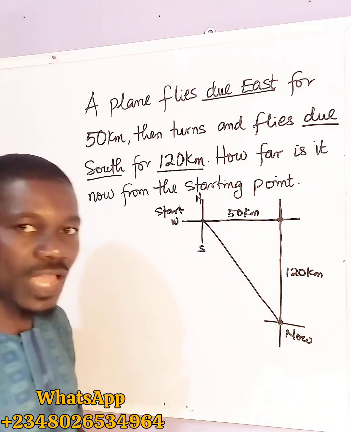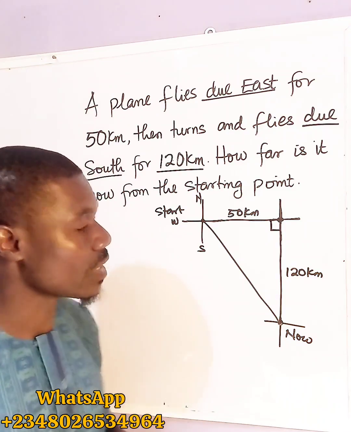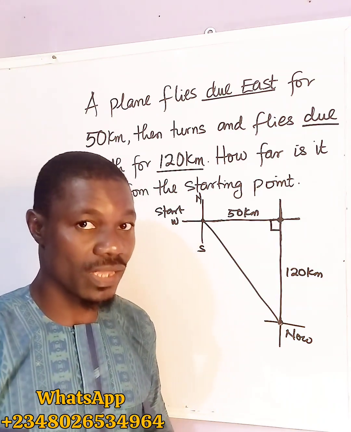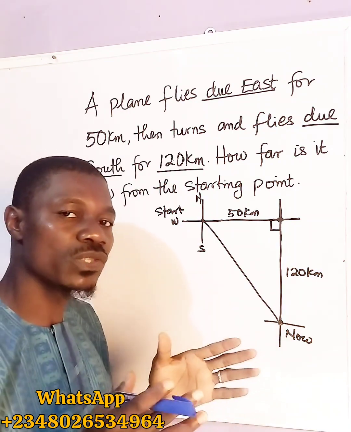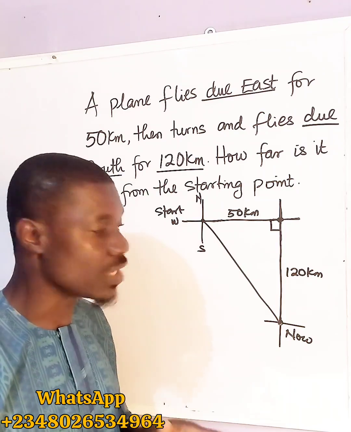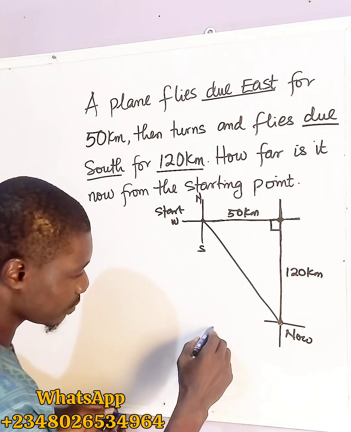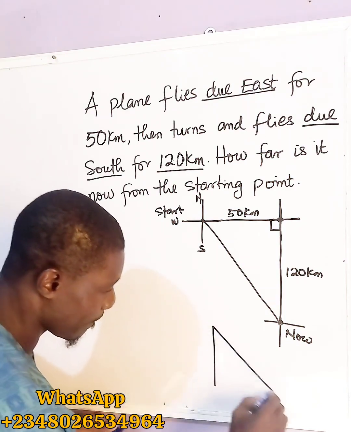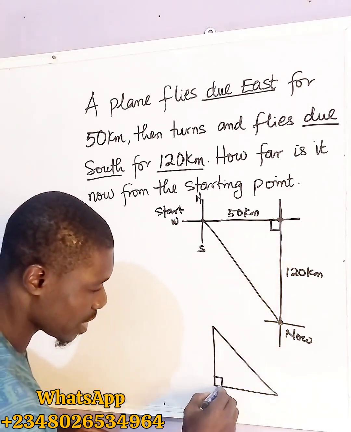down here. Now if you take a look at this, it's more or less like a right angle triangle. Since it is a right angle triangle, it means we need to apply the Pythagorean theorem. Now this angle 90 is here.